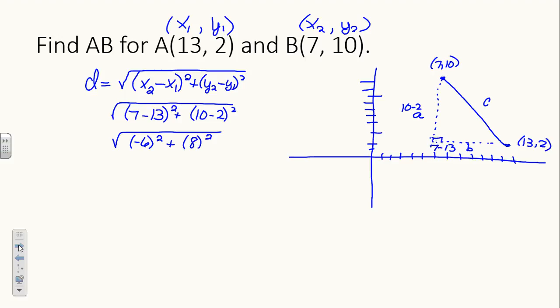What's negative 6 squared? 36. What's 8 squared? 64. 36 plus 64. 100. And what's the square root of 100? The distance between A and B is 10.